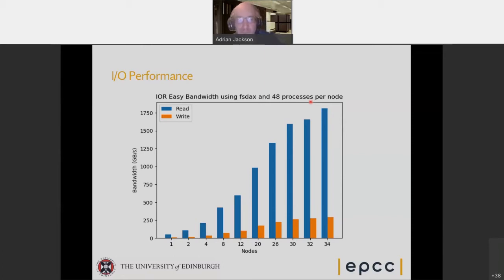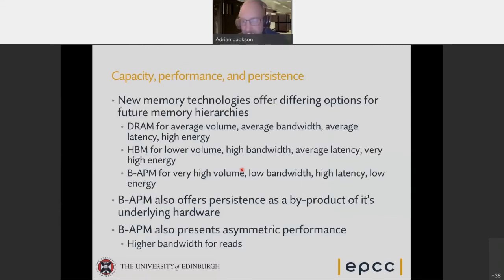Here we would need up to about 20 nodes to get the same kind of performance using this Optane memory. But then, of course, the Optane memory is much larger, so orders of magnitude more data storage is available compared to the high bandwidth memory. So there are these kinds of trade-offs when we look at developing these systems.